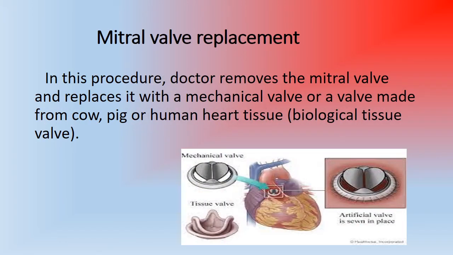The next is mitral valve replacement. In mitral valve replacement, the doctor removes the mitral valve and replaces it with a mechanical valve, that is an artificial valve, or a valve made from cow, pig or human heart tissue. You can see the mechanical or artificial valve.